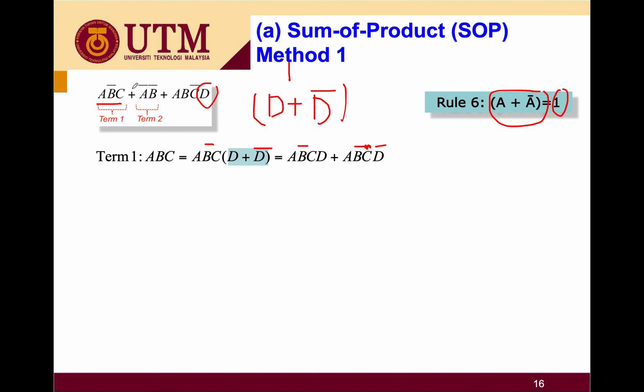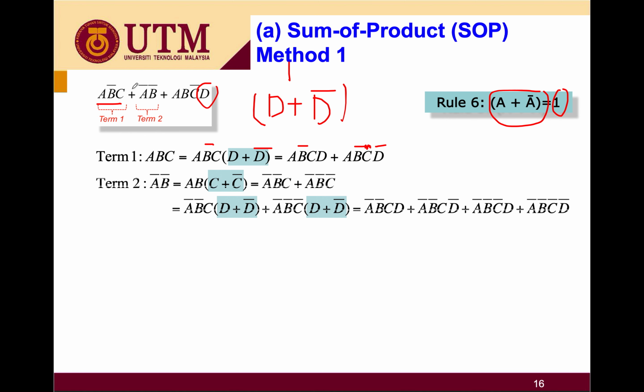And then for term 2, you miss C and D. So first you multiply it with C plus C bar. That is the first step. After that, you multiply it again with D plus D bar, because this one represents 1, and you need this second step because you are still missing the D, isn't it?